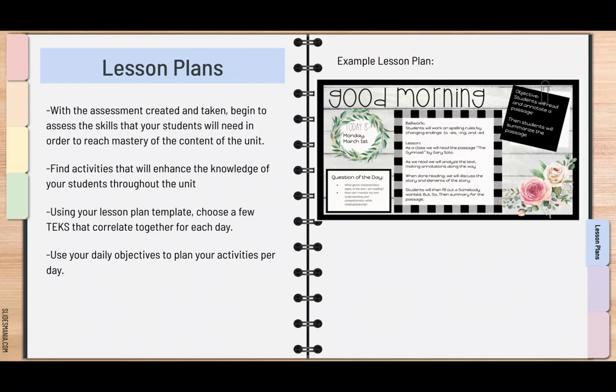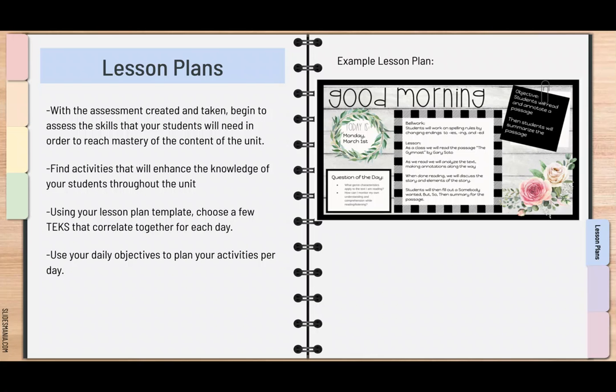For example, we are looking at a lesson plan for Monday, March 1st, which is in the 5th 6 weeks for 6th grade ELAR. Students will work on bell work that includes spelling rules, changing endings to IES, ING, and ED, which would be skills that are going to appear on the revise and edit portion of their exam.